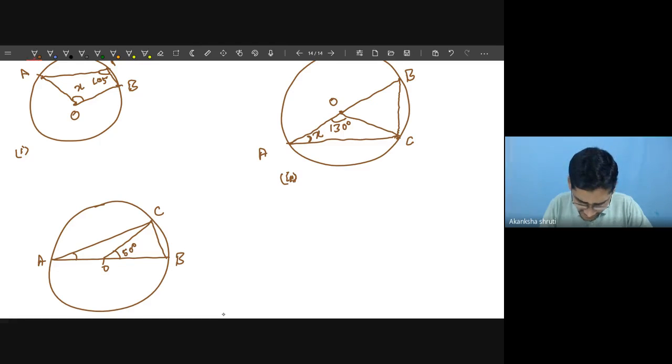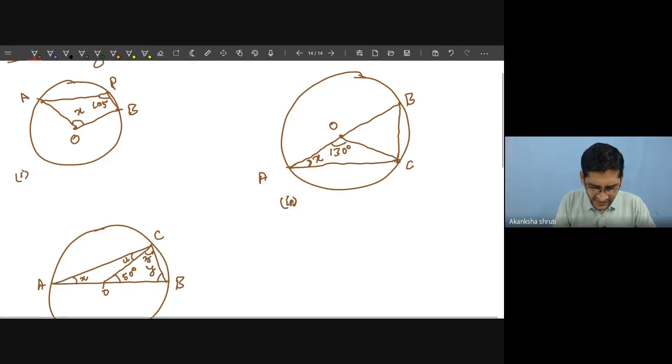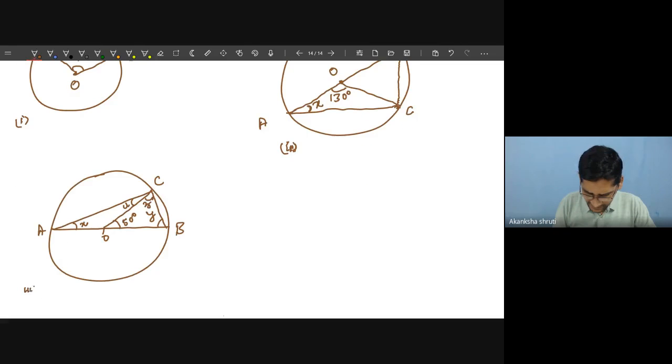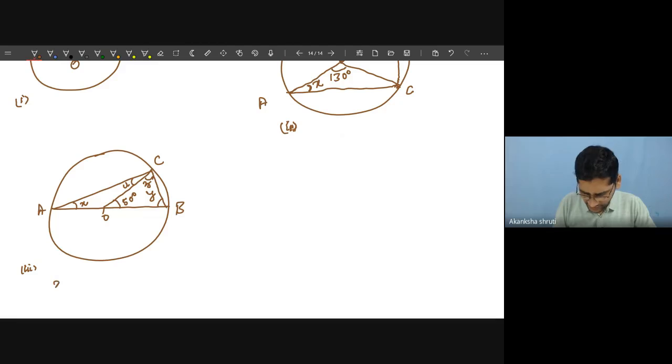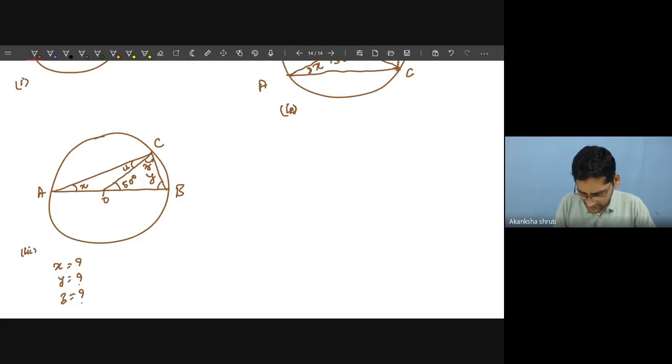Let us consider this as X, this as Y, this as Z, and this also as U. So in the third figure, we need to find X equals what, Y equals what, Z equals what, U equals what.